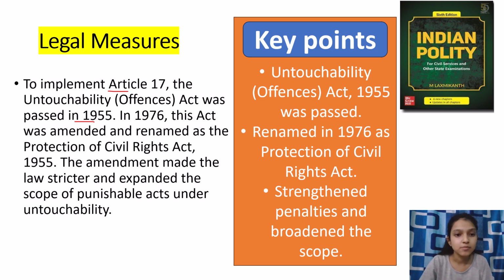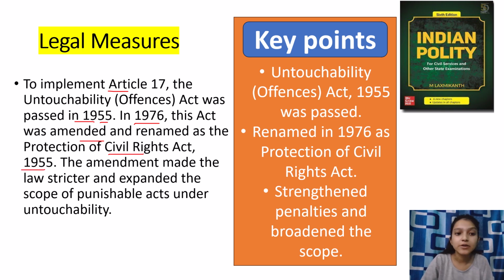So for the first time in the year 1955, the Untouchability Act was passed to eliminate this kind of practice in society. In 1976, this act was amended and renamed as the Protection of Civil Rights Act, 1955.